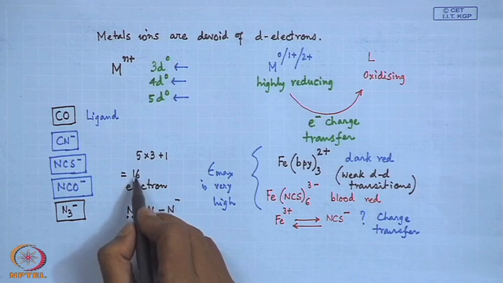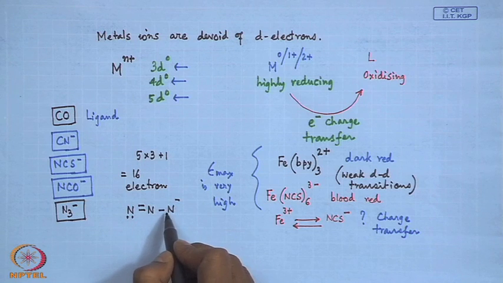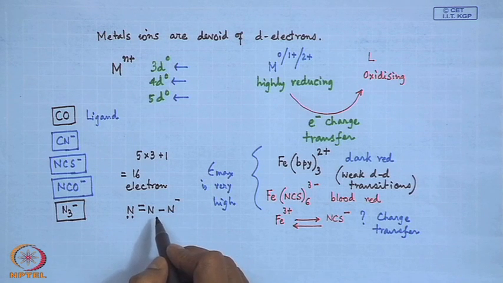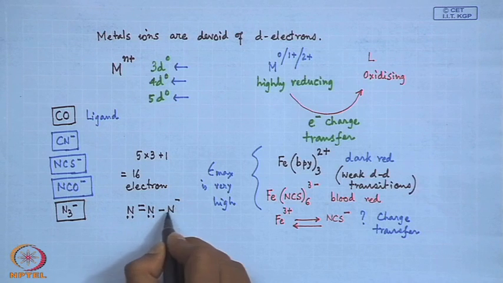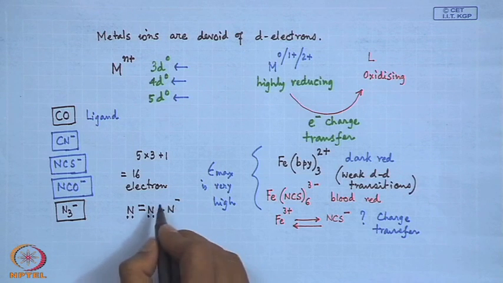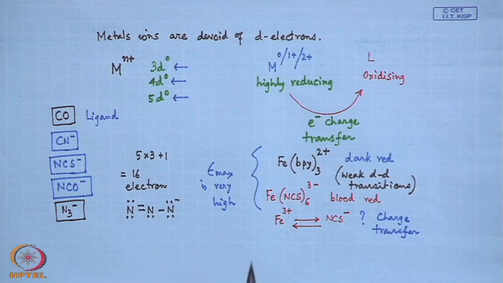Altogether we can have 8 pairs of electrons, whether bond pairs or lone pairs. So, we will have all these, something like this, and we can have the charge also.